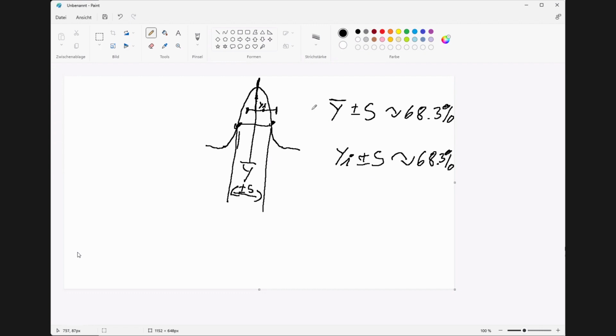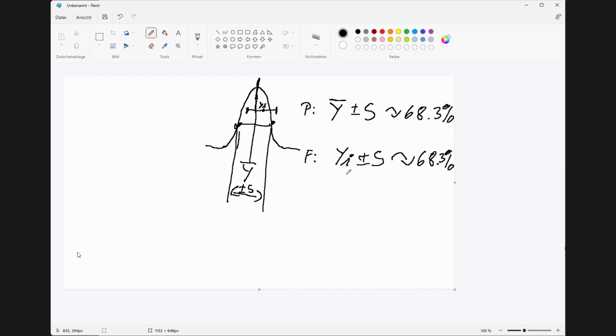This is the view in the past, and this is the view in the future. In the past, we said y, that means the mean, plus minus the standard deviation, in this range was 68% of the measurement values.